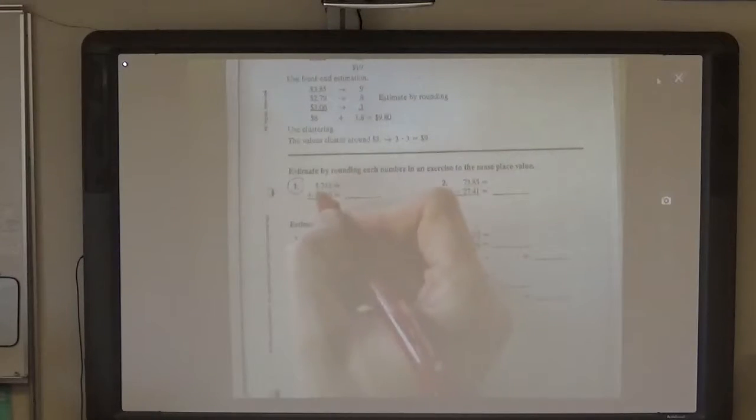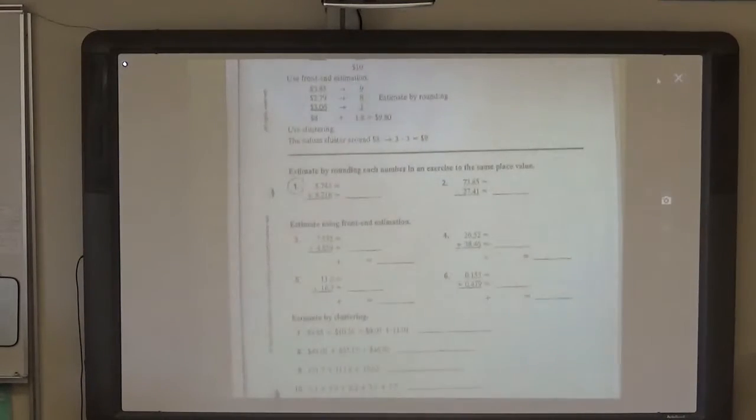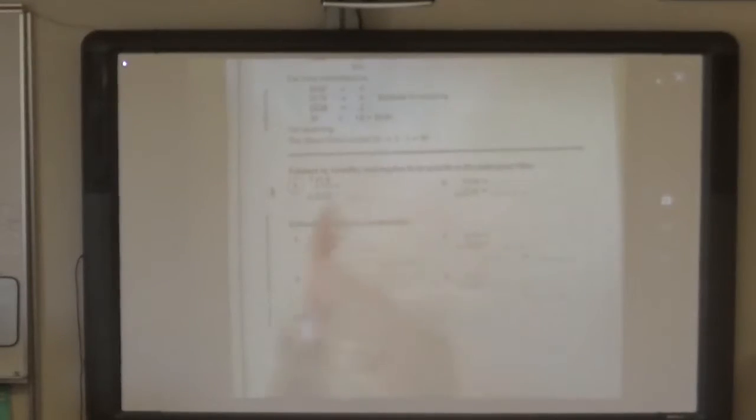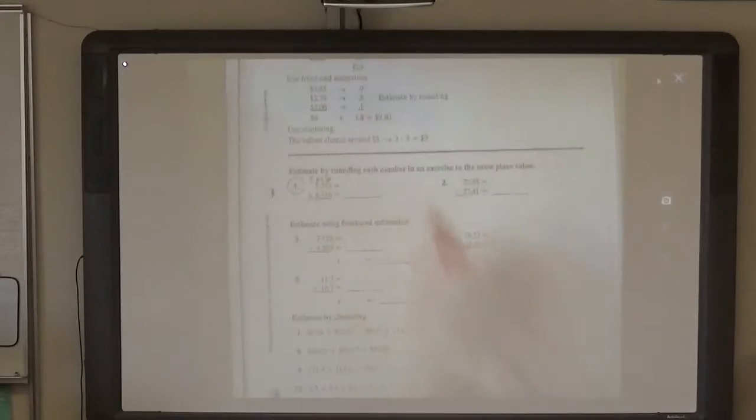Now, 5.743, what whole numbers are on each side of that number? Bryce? 4 and 5? 5 is the lower one. So it's 5 or 6. Yep. 5.7 is going to be closer to 6.